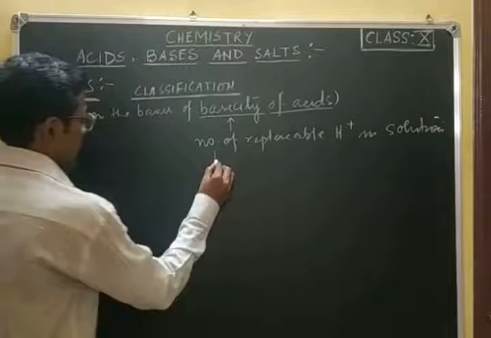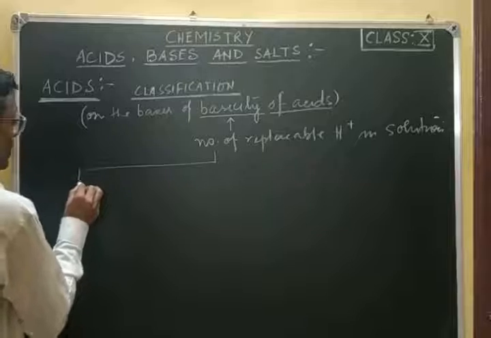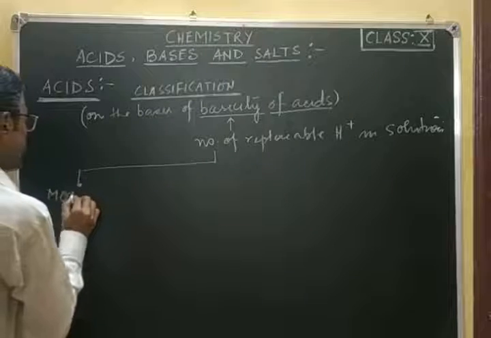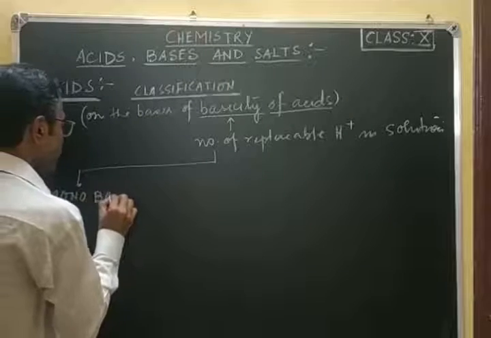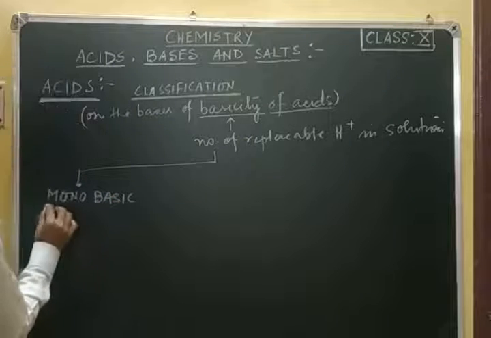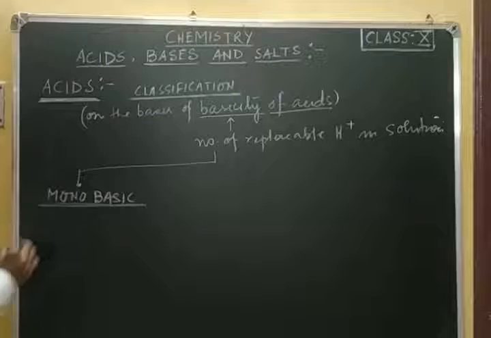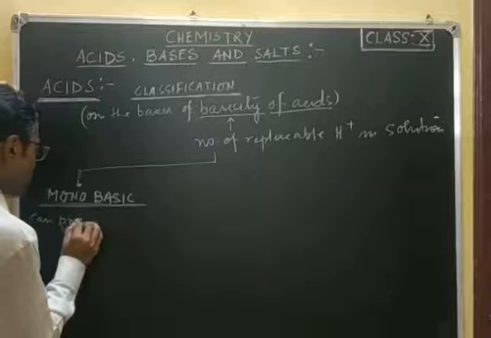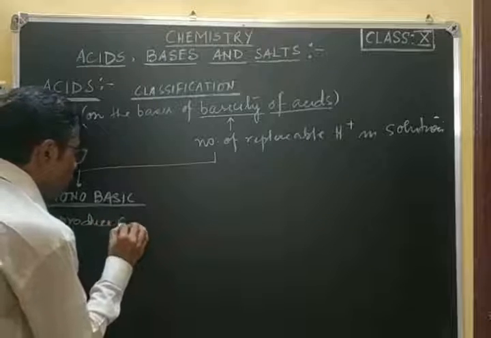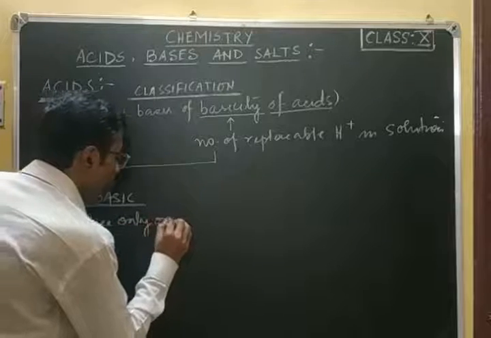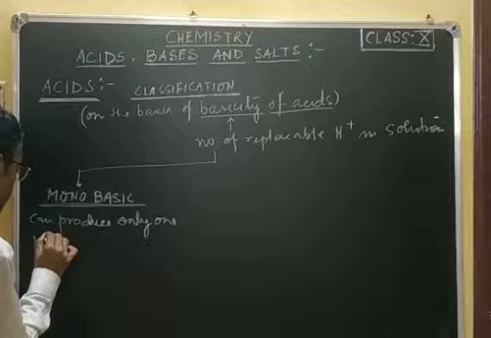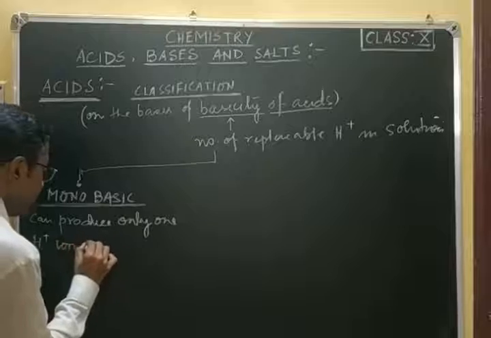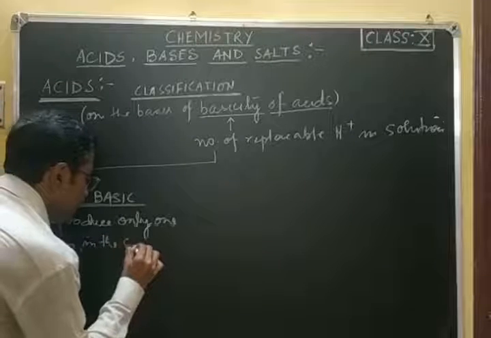So the classification will be like this. First is monobasic. What is that? The acid which can produce only one hydrogen ion in the solution.